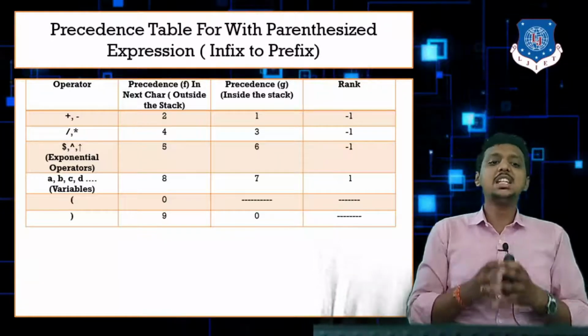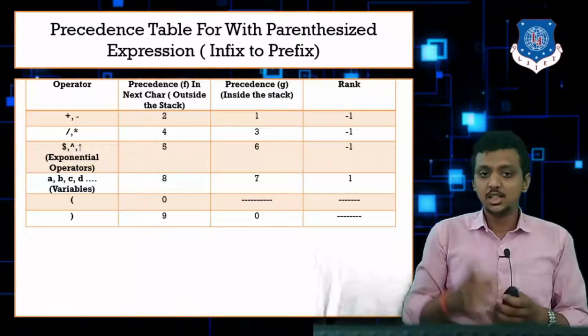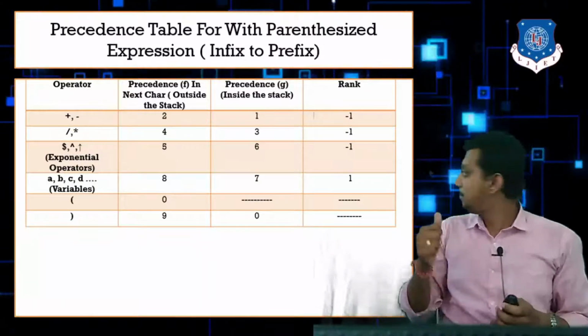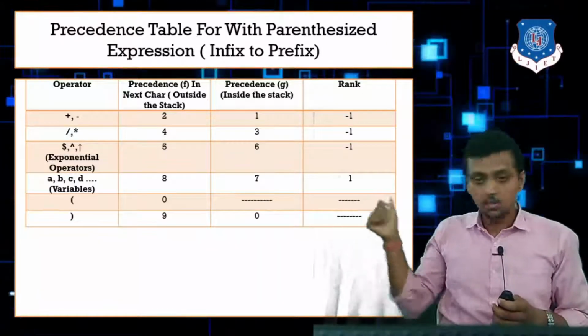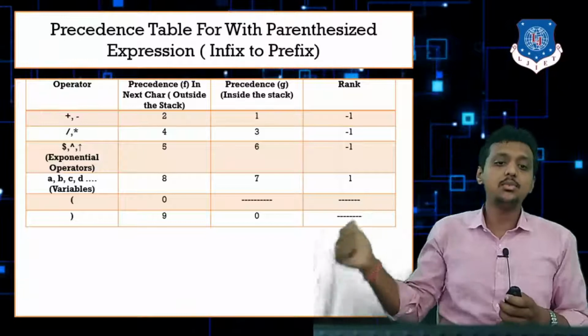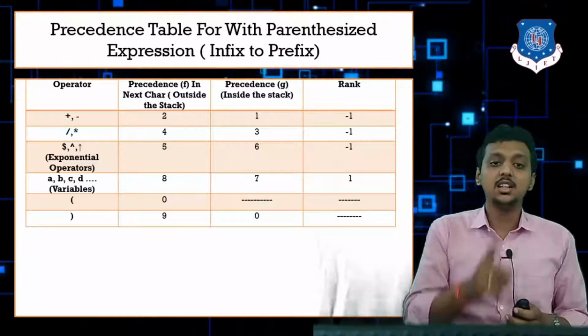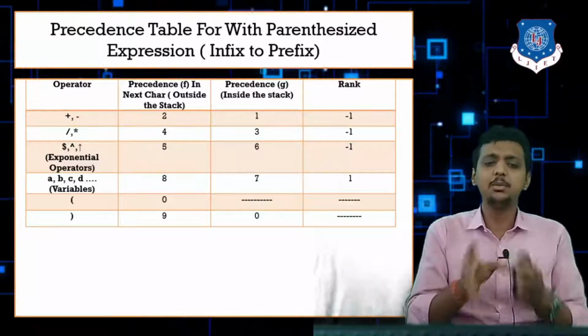Now in the next, or outside the stack, the precedence is 2. Okay, not 1. So here my table goes like this: 2 1 4 3 5 6 7 8. Here always remember that the exponential operator is a little bit different.